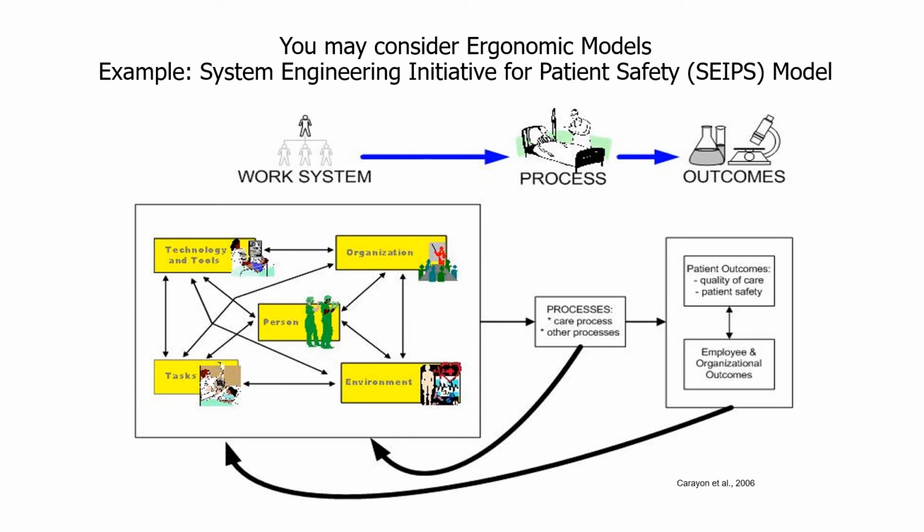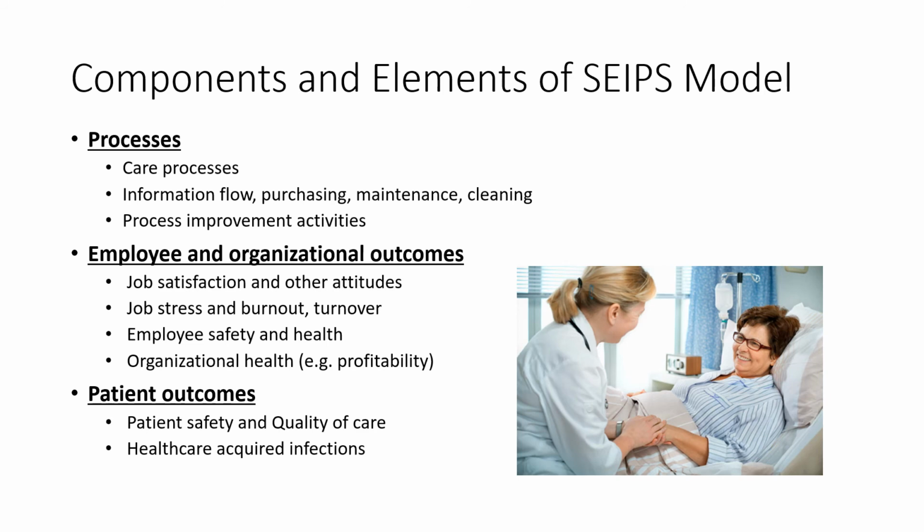Then in the second part, you have the process. After we evaluate the 5 components in a work system, we need also to check the processes. The processes can be related to the care, the caring of the patients, as well as the exchange of information, providing or preparing the materials that are needed in the system, cleaning, especially in healthcare system.